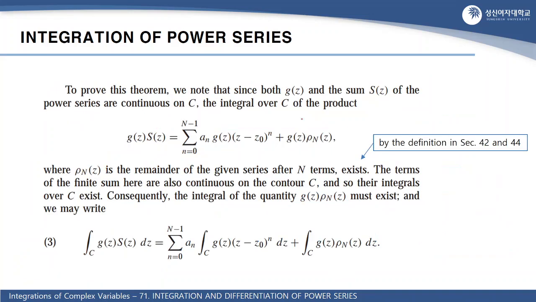Okay, we first note that both g of z and the sum S of z of the power series are continuous on C. This is an assumption.